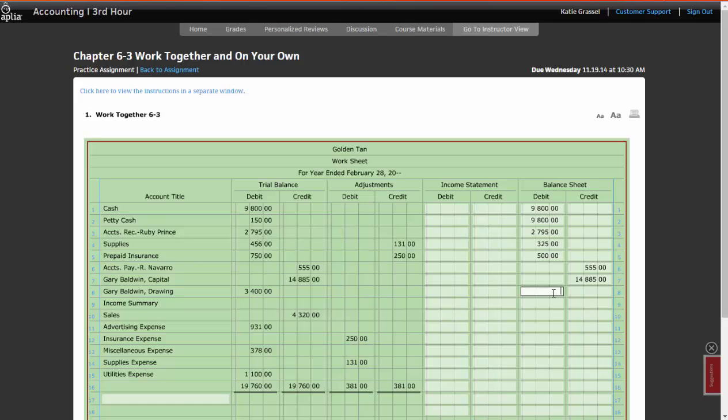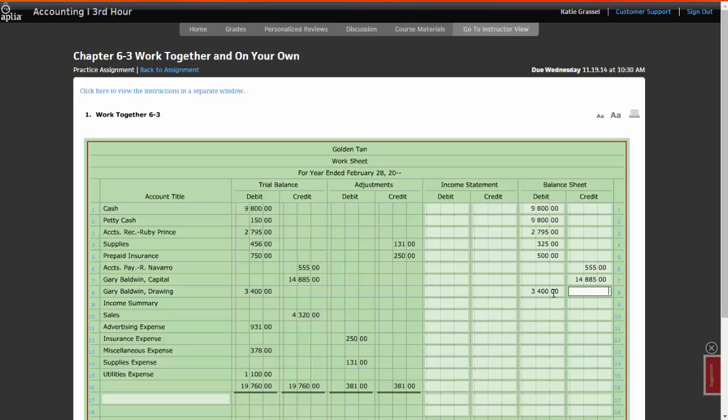That is going to be for $3,400 as a debit on the balance sheet because Gary Baldwin Drawing is a contra account to owner's equity. It still is an owner's equity account, so we're going to put that on the balance sheet. So what I have right now in my balance sheet are assets, liabilities, and owner's equity. And that's what we need to prove in our accounting equation, that our assets equals our liabilities plus owner's equity.